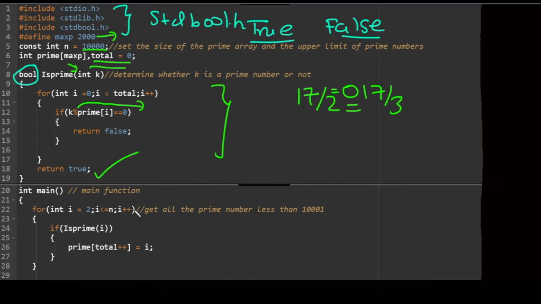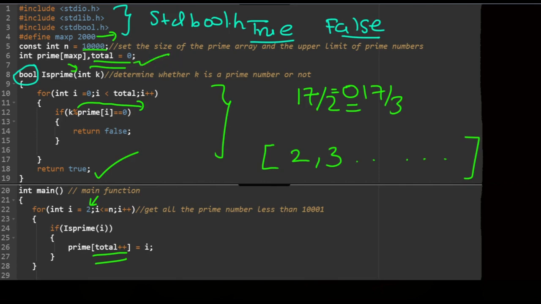Then we start with our main function. We take a for loop and start filling our array from 2, 3, and so on up to the upper limit. Every time we do that, we keep increasing our total. You can observe we had set the total to 0.